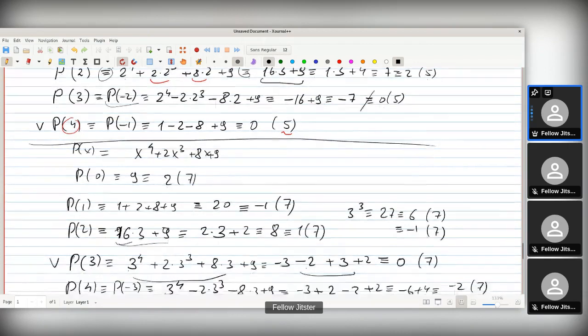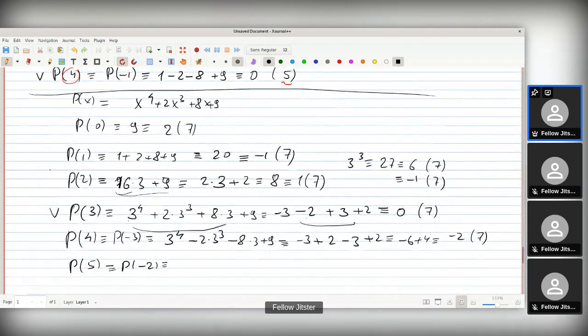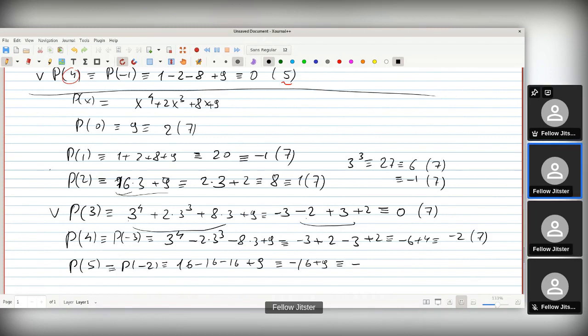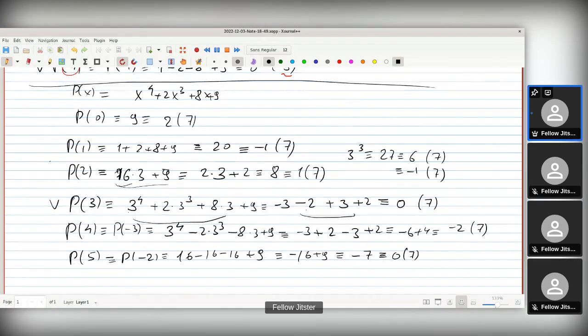But now we shall have something else. 16 minus 16 minus 16 plus 9. Do you agree? Yes. What is it? Minus 16 plus 9, which is minus 7. Minus 7, or 0 modulo 7? Oh. Do you agree? Yes. So it is a solution.